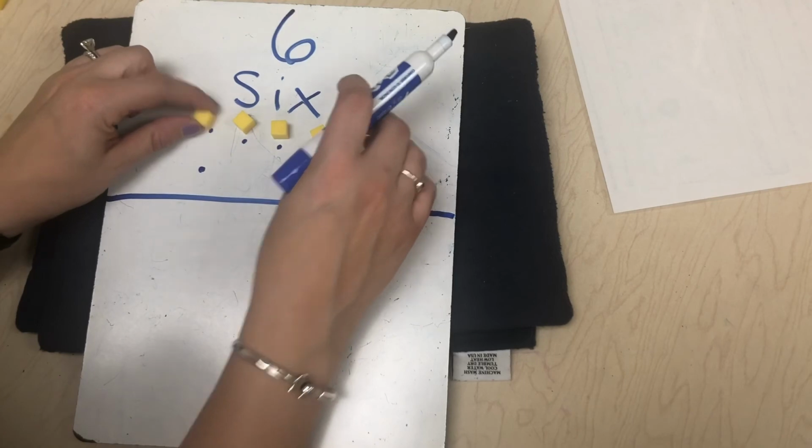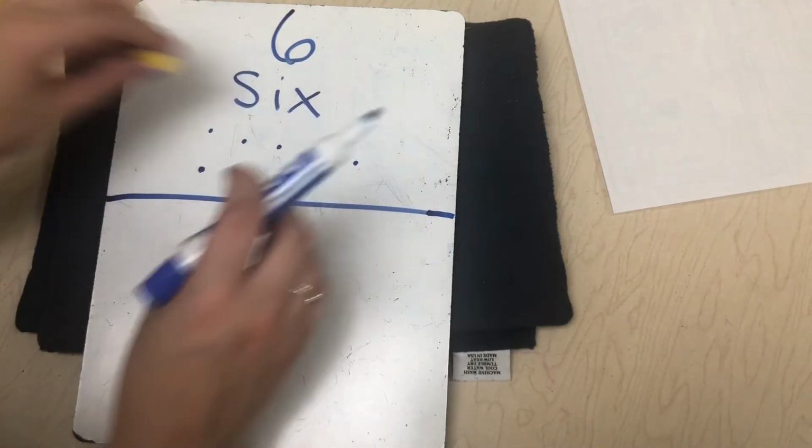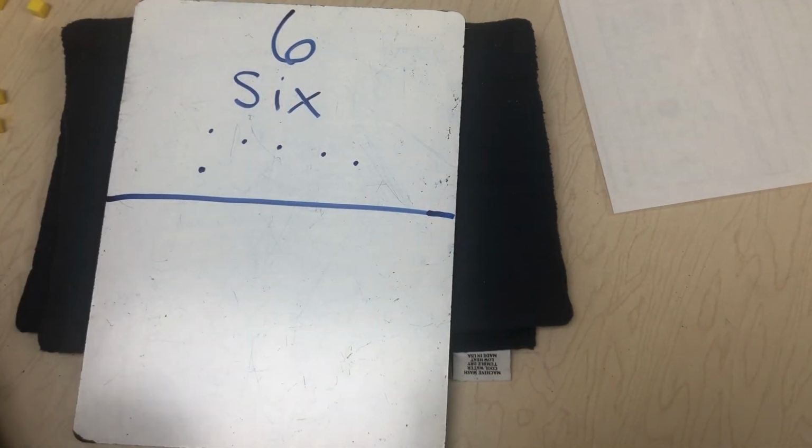That's okay with me. Remember, you can also draw stars, smiley faces, triangles, squares, whatever you would like to draw to represent 6 of those. Whatever works for you.